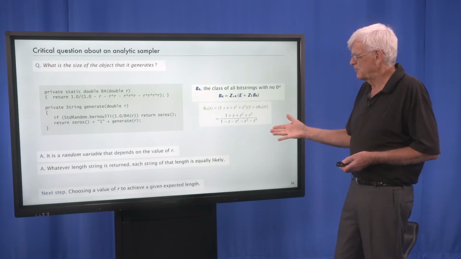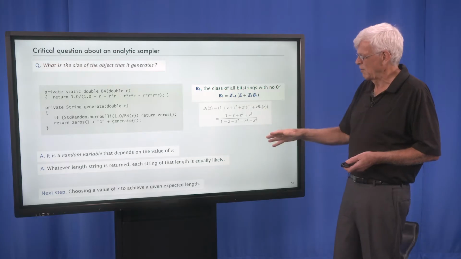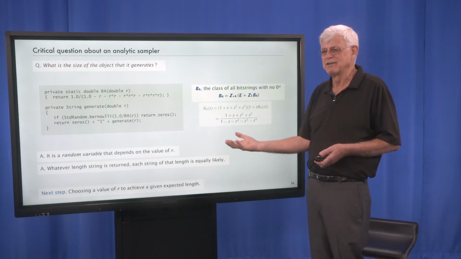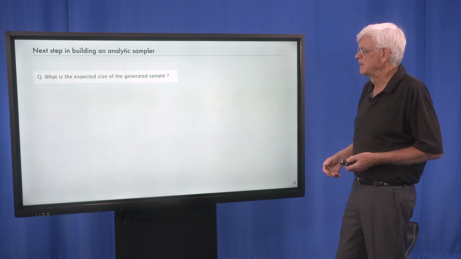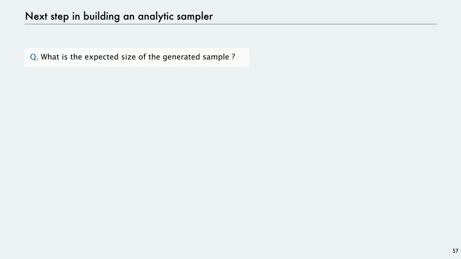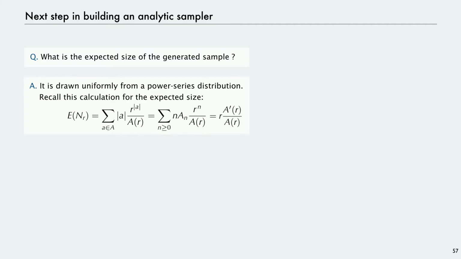So we have the flexibility to choose any value of r less than the radius of convergence. What we want to do is choose one that'll give a particular expected length that we're looking for. So what's the expected size of the generated sample? Well, we did that calculation. It's drawn uniformly from a PowerSeries distribution, so the calculation that we did before for the expected size holds exactly.